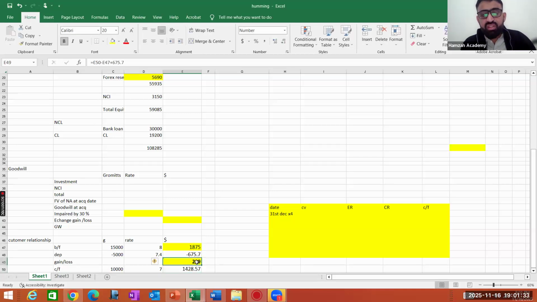So 229 would be the exchange difference. Okay, average rate is 7.4. Depreciation expense, an item of profit and loss, is translated using the average rate, and the closing value of the net asset is translated using the closing rate. So this 229 may need to be reported, but this is how it should be accounted for.